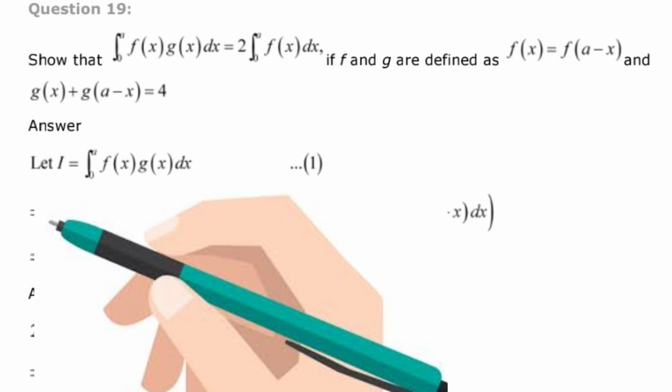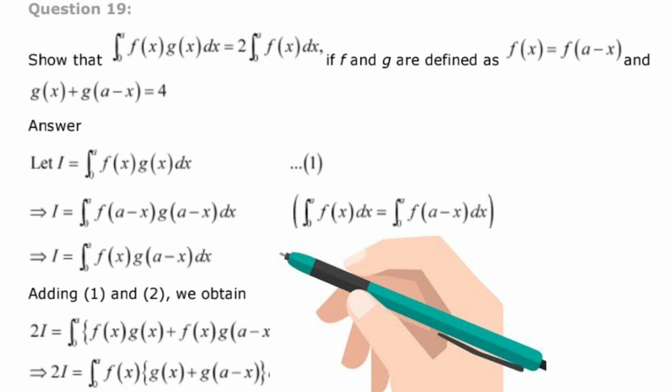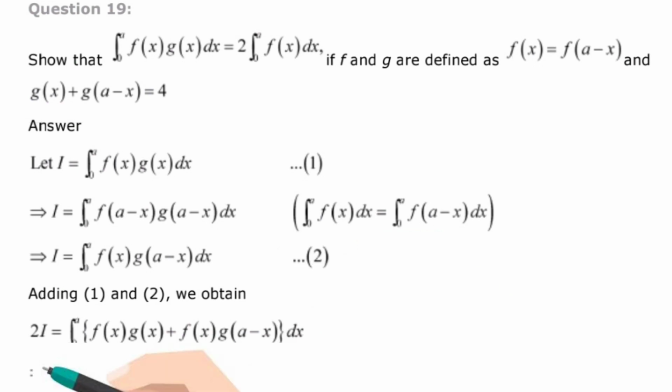So according to the rules, I denote the integral from 0 to a of f of x g of x dx equal to I, and it is defined as 1. After that, if I use this identity f of a minus x, g of a minus x, according to the rules of definite integrals, I get f of a minus x equal to f of x, because according to the given question, f of x equal to f of a minus x.